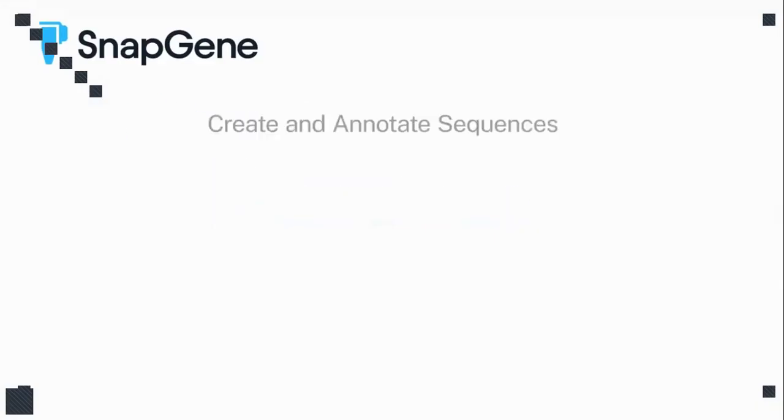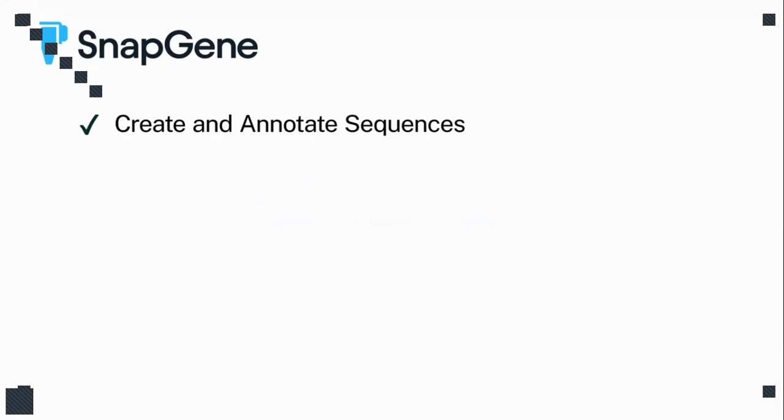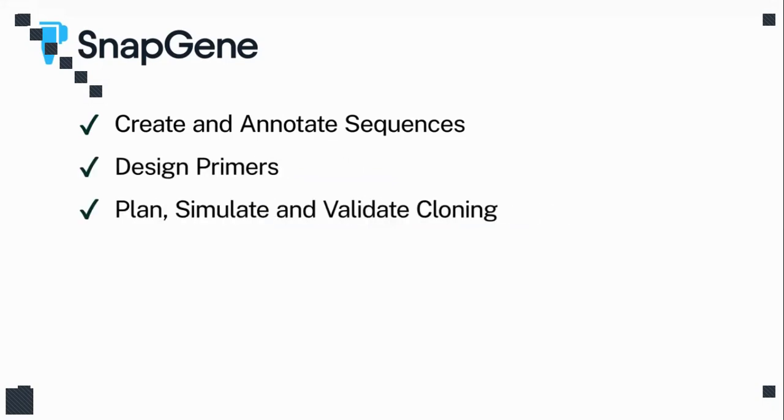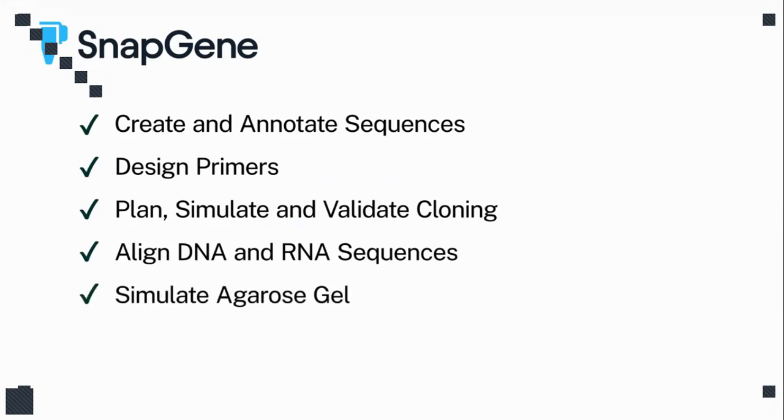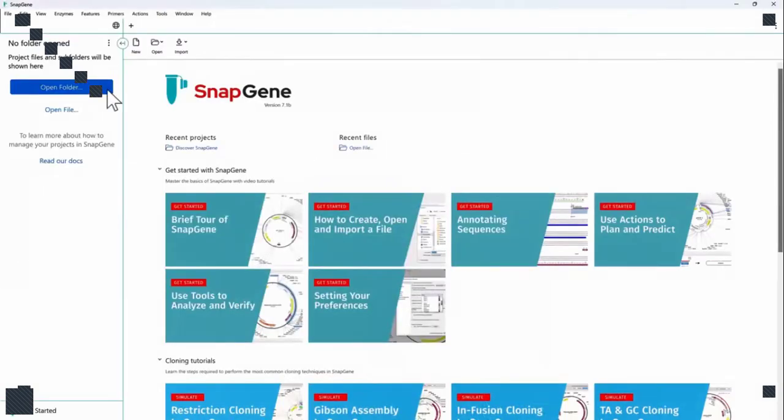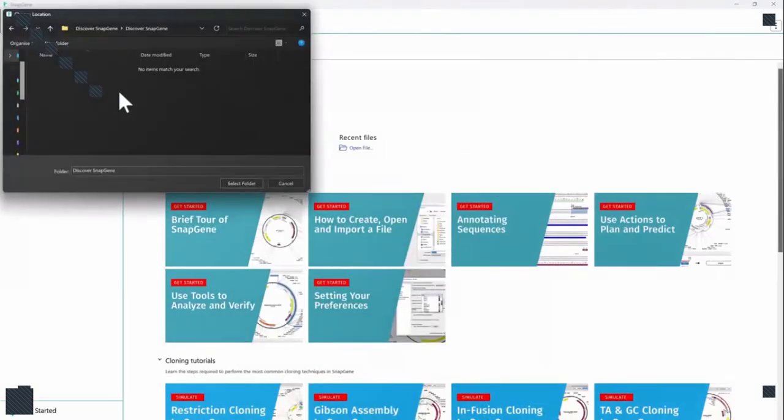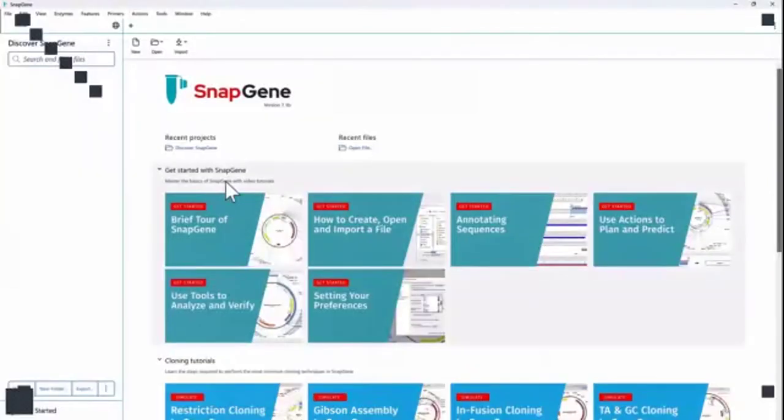With SnapGene, you can create and annotate sequences, design primers, and plan, simulate, and validate cloning experiments. SnapGene can also align DNA or RNA sequences and simulate agarose gel electrophoresis. Let's demonstrate. You can define a folder as a project to manage and work with your files directly within SnapGene.